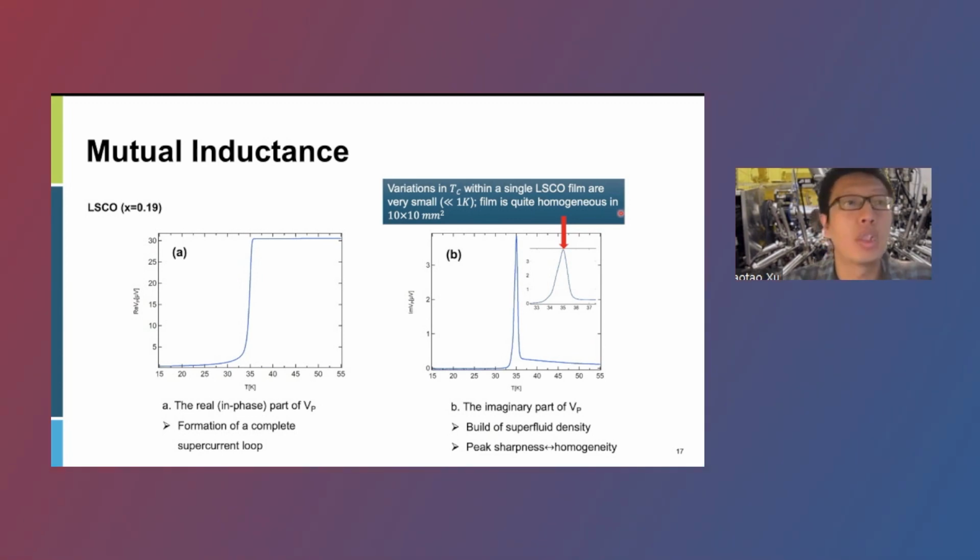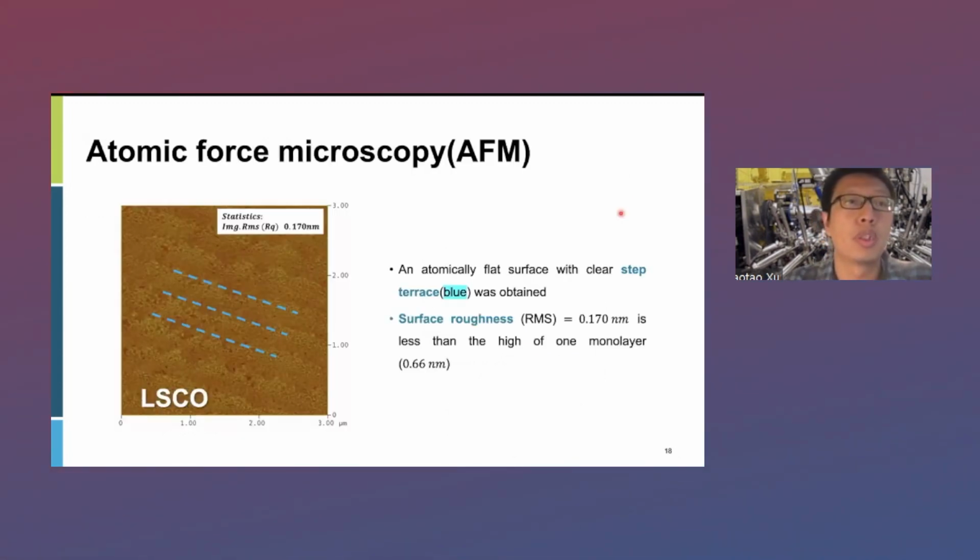Next, we also use AFM to look at the grown film. If you look at this AFM image, the sample surface has very clear stepped terraces, and the overall surface roughness is only 0.17 nanometer, which is less than the height of a monolayer.